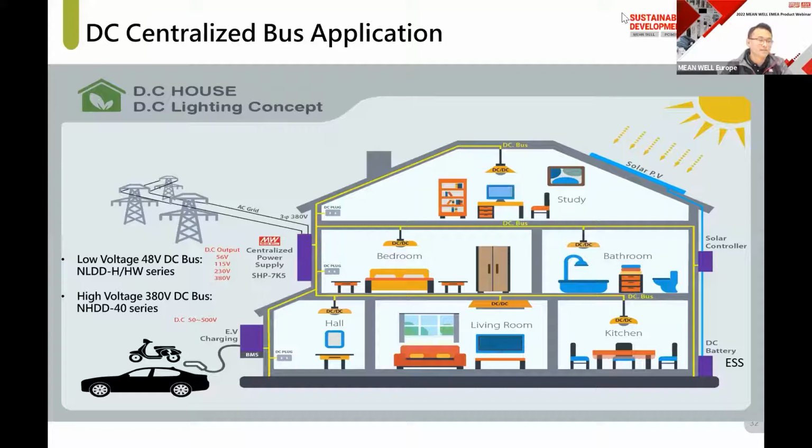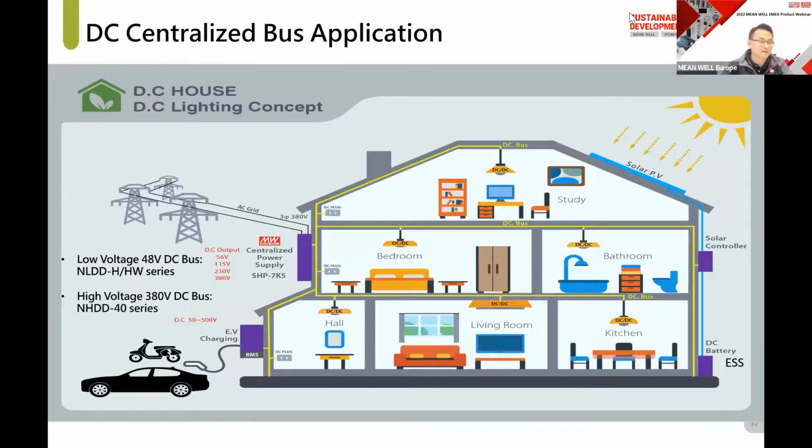When we check deeply, almost all the applications in the house run on DC, for example, LED lamps, coffee machines or TVs. They always need an adapter in front to convert AC to DC.